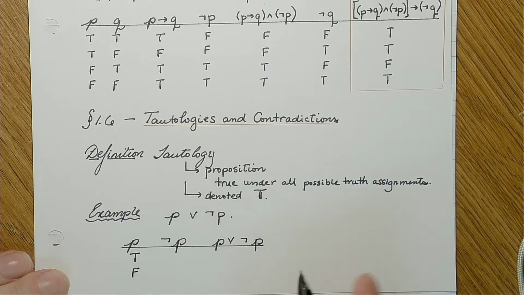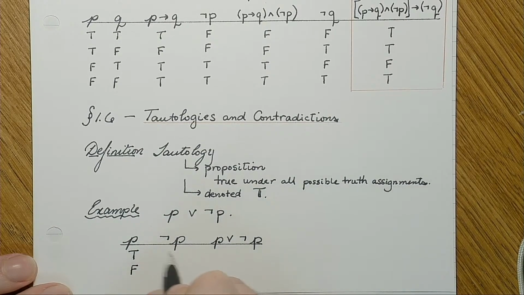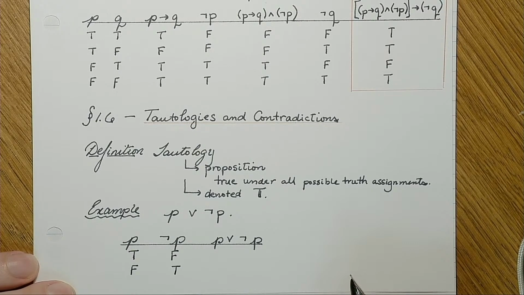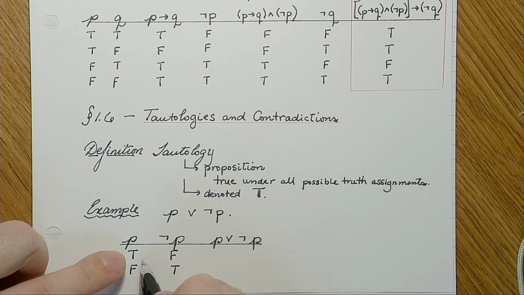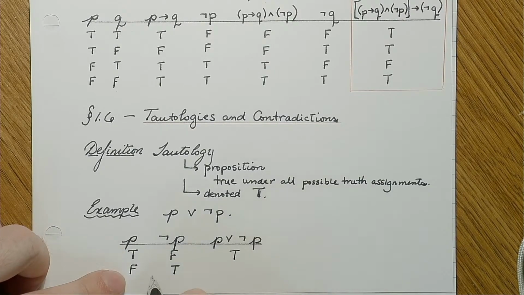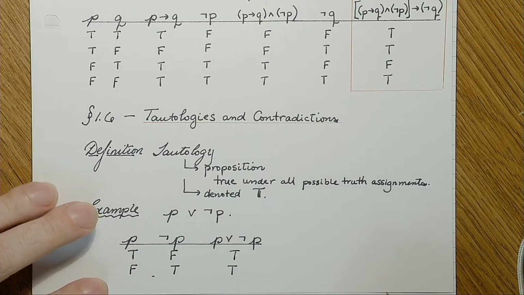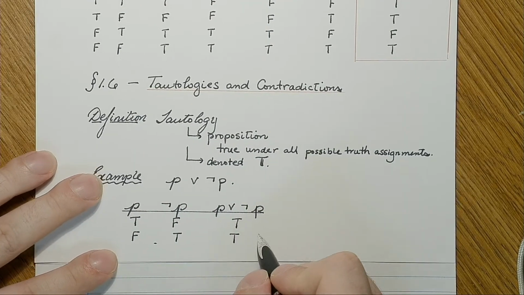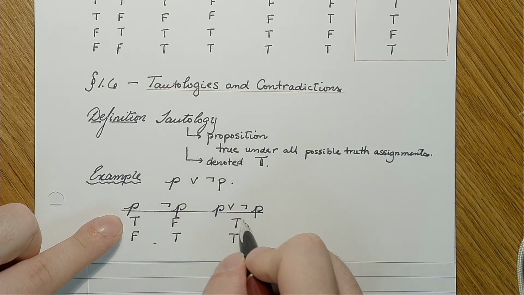I have true or false. And then this just flips. So I go from false to true. And the next one I have is doing the or. Again, one of them has to just be true. So that's true, and this is true. So this is true.